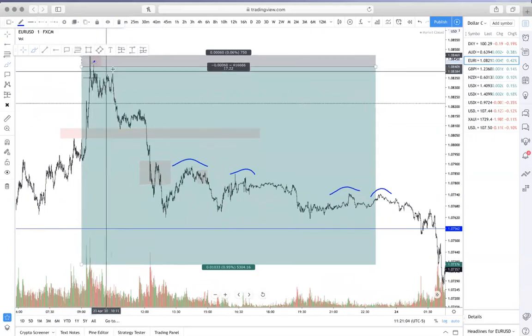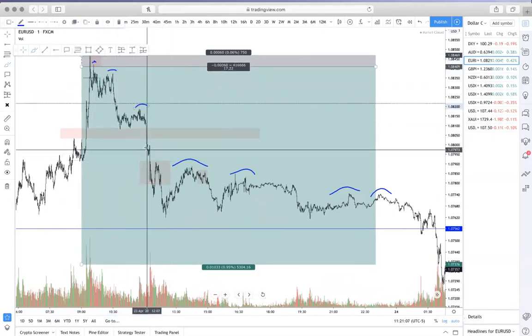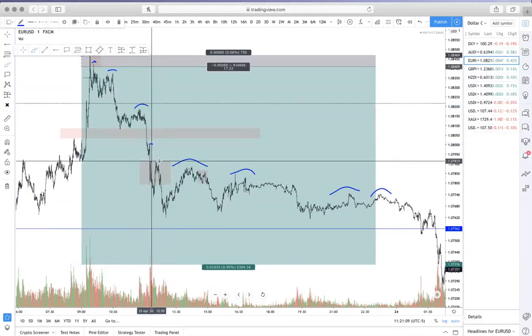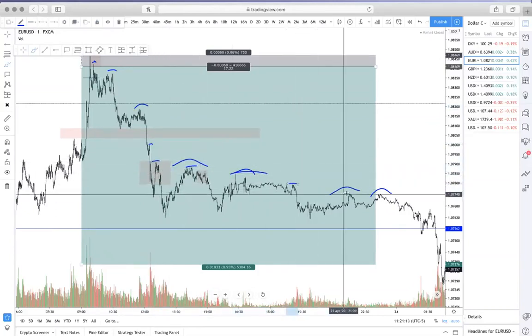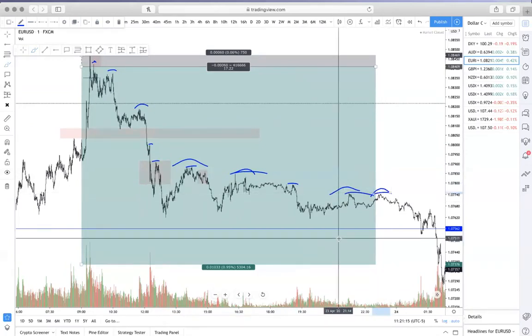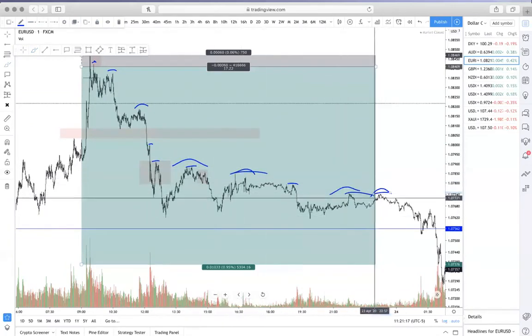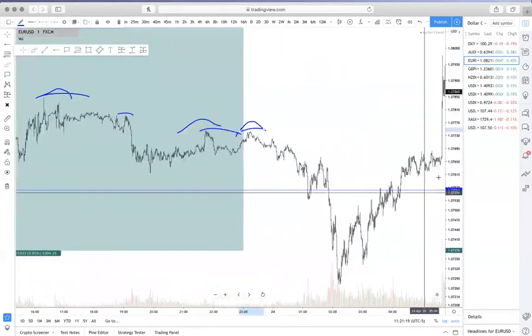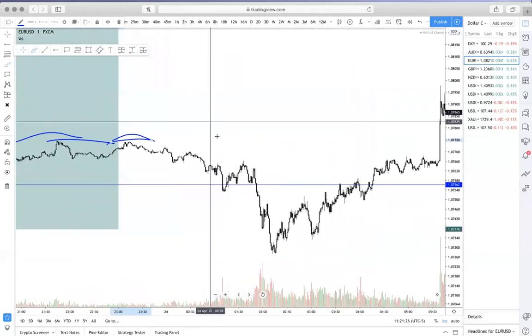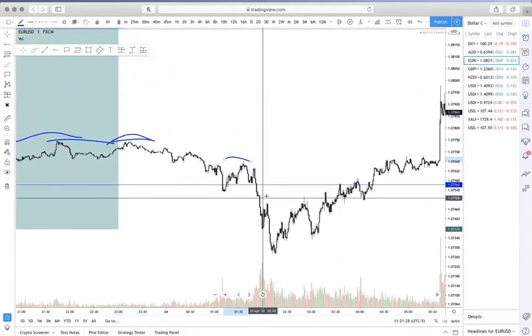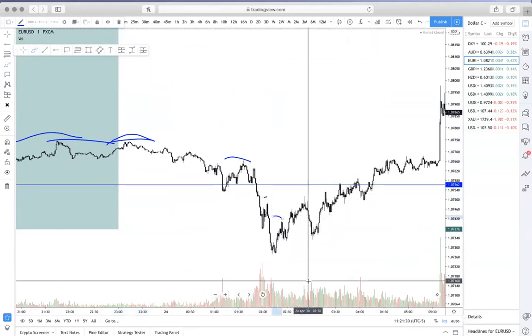First higher low, second higher low, continuation, higher low, higher low, higher low, higher low, higher low. So as you can see, the structure never broke. So once we get that TP hit from our first swing bias, you can easily take a partial or whatever you want to do.